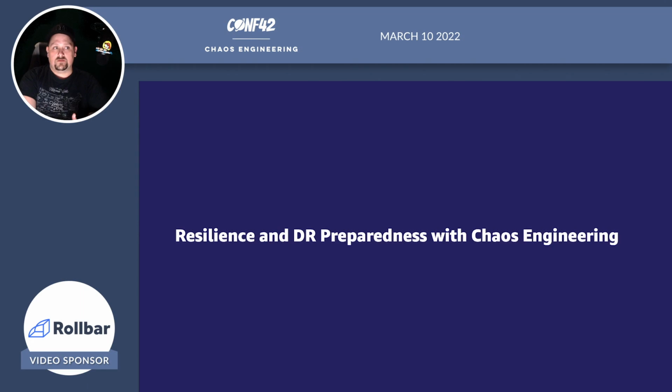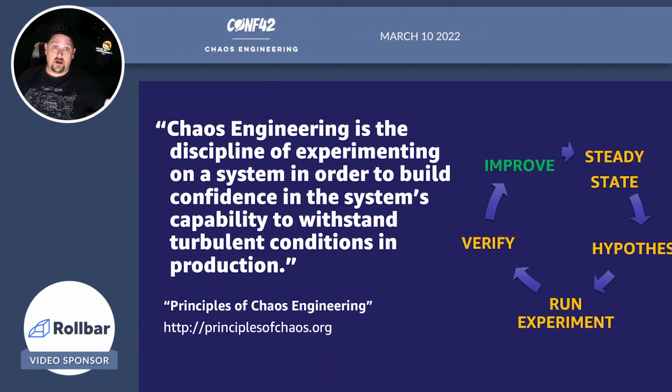Now let's talk about resiliency and using chaos engineering to better prepare your resiliency posture, right? So chaos engineering, as you know, is the discipline of experimenting with the system with the aim of increasing confidence in its ability to withstand problems in your environment.